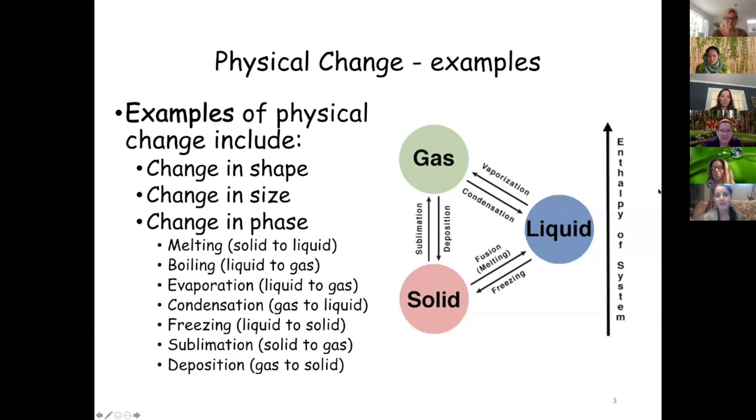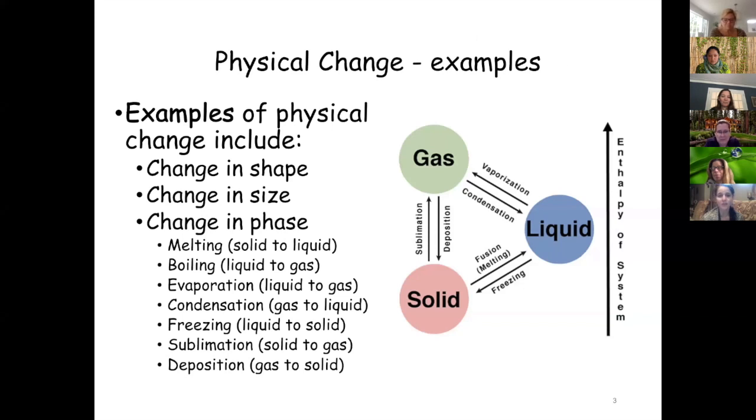So some examples can include a change in shape, a change in size, or a change in your state of matter. What about melting from a solid to a liquid, or boiling from a liquid to a gas, or evaporation from a liquid to a gas, or condensation from a gas to a liquid, or freezing?